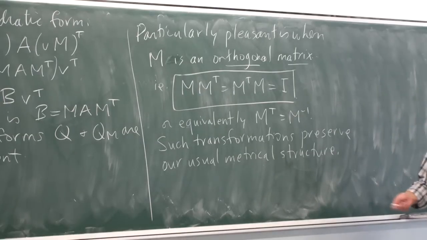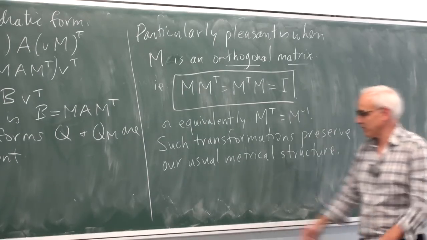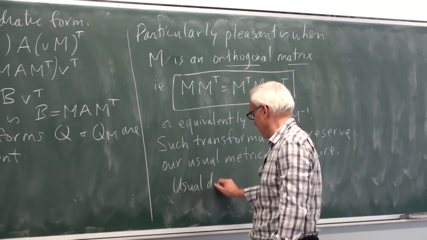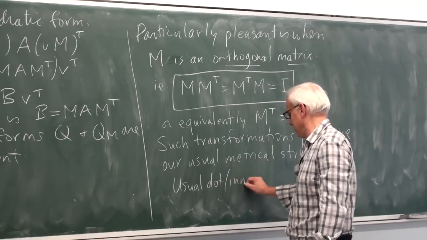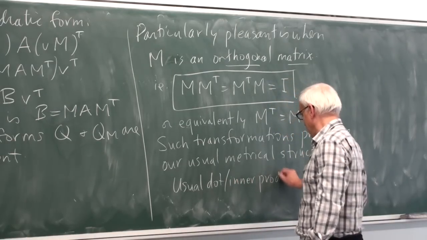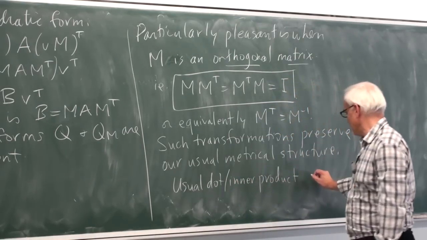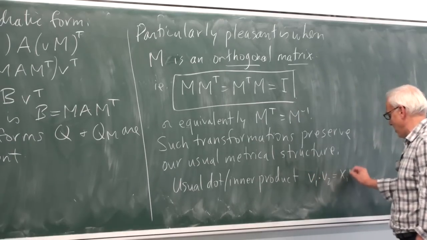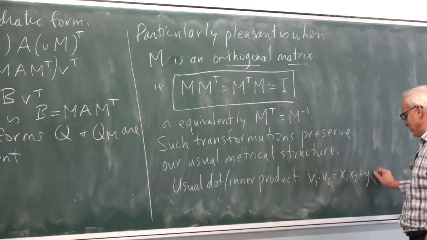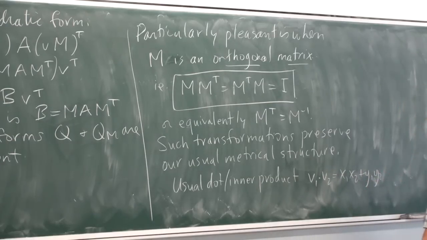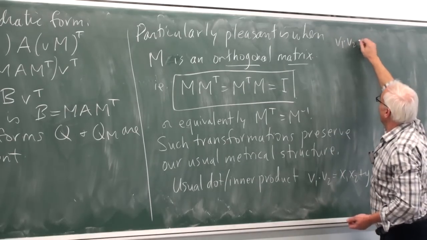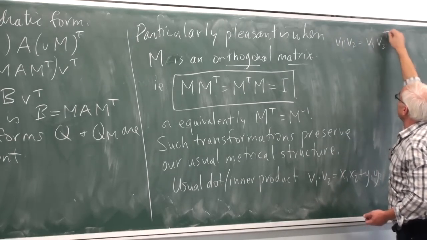What I mean by that is the standard dot product, or inner product. Say v1 dot v2 equals x1 x2 plus y1 y2, that familiar one. Then that can just be written as v1 times v2 transpose.